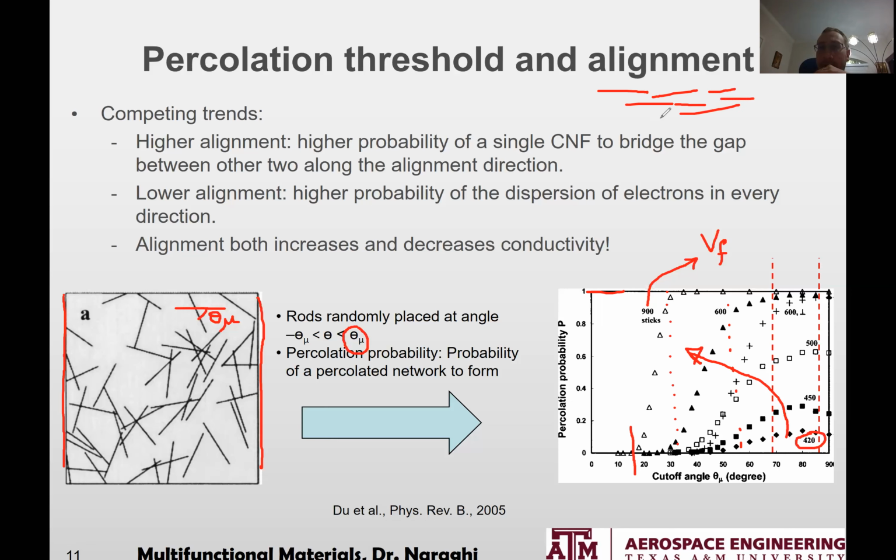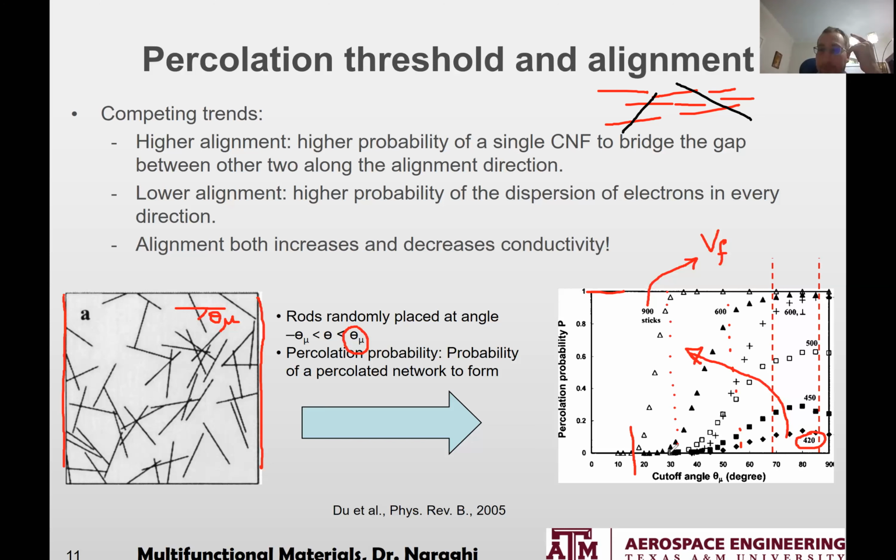You can easily imagine that, because you need some particles to go across to bridge the other particles. So the higher this theta mu, meaning the more randomly they're oriented, the higher the probability of reaching a percolated network. In addition, the higher the volume fraction, the higher the probability of reaching the percolated network.